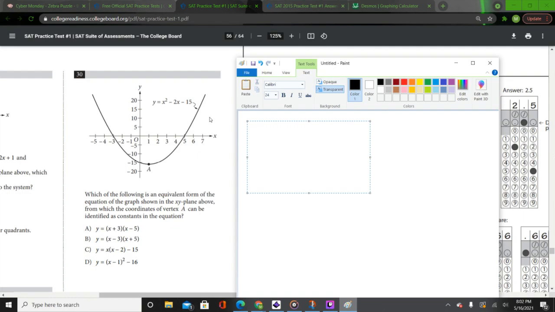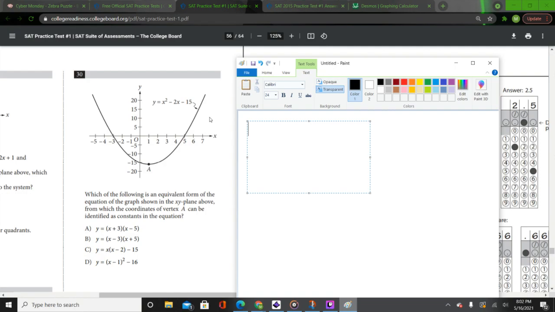However, let's just go over one thing quickly. Choice D is the only option where you have the vertex actually used. So it is choice D, that is the answer. However, let's go through all the other choices. Choice A, x plus 3, x minus 5. That is an appropriate solution.